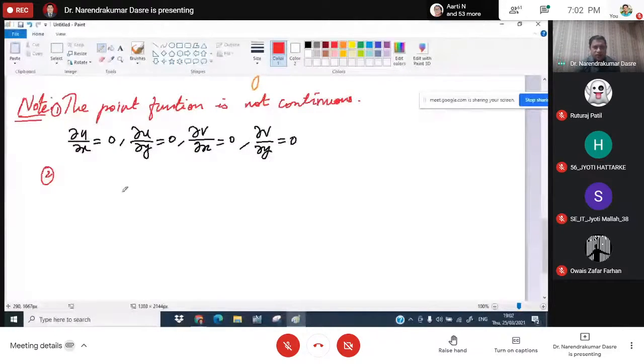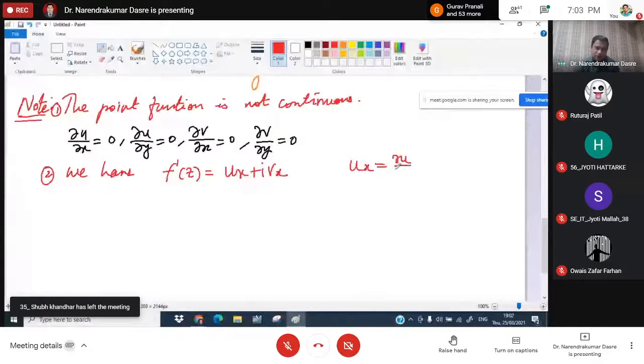Hence, we can say that f'(z) is equal to ux plus i vx. Here ux is the notation for ∂u/∂x, and vx is the notation for ∂v/∂x.